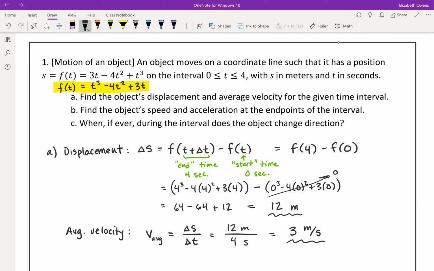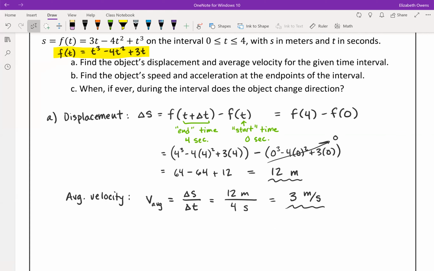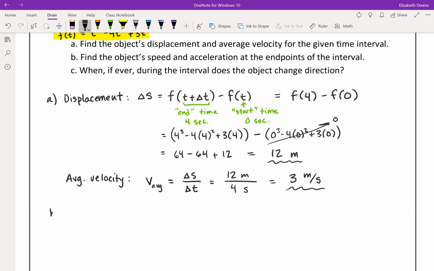Now, remember, that's just average. The instantaneous velocity of this object could definitely be changing in our interval, but this is what it averages out to. Okay, next part. We want to find the object's speed and acceleration at the endpoints of the interval.